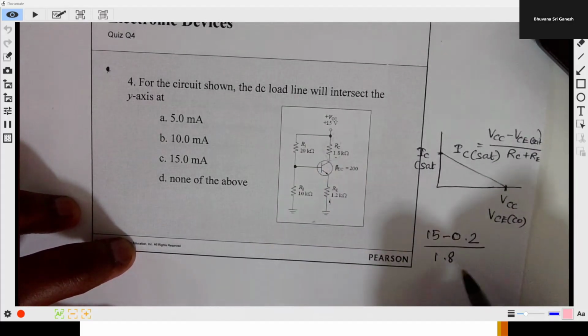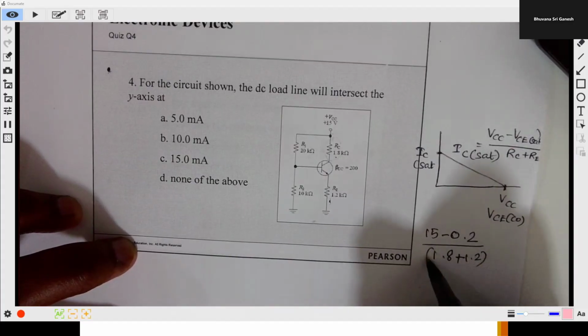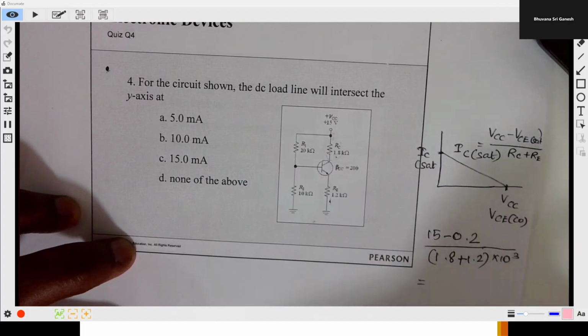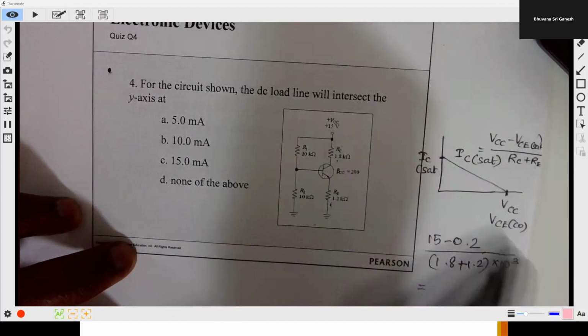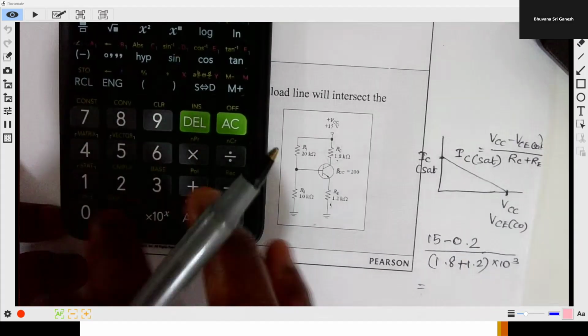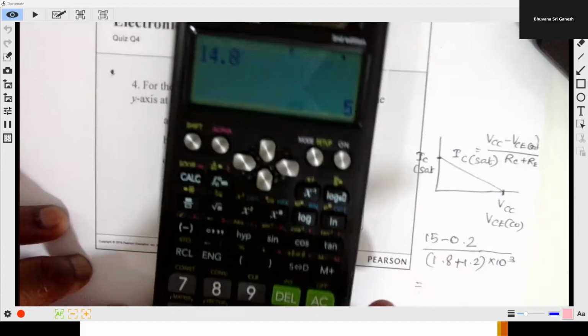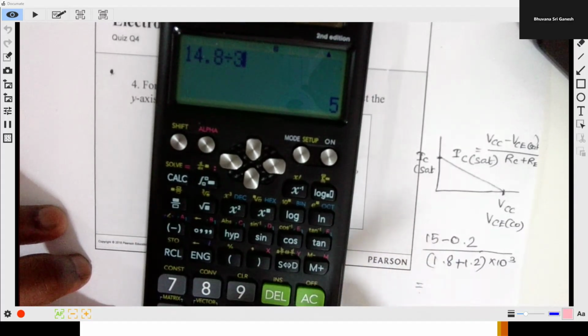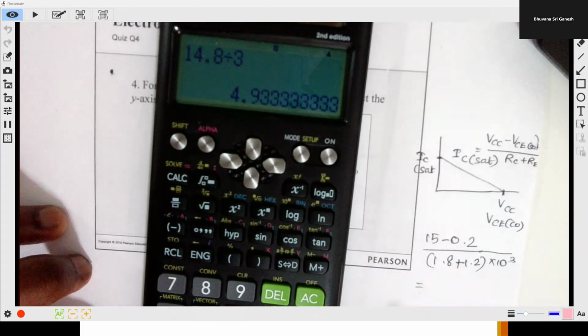So 1.8 plus 1.2 times 10 power 3. 15 minus 0.2 is 14.8. 14.8 divided by 1.8 plus 1.2, which is 3, equals 4.93.